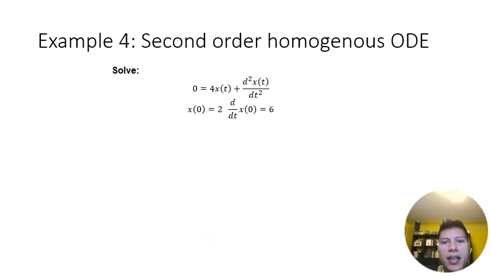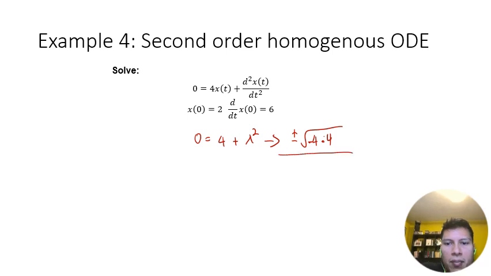Okay, now let's look at another example. In this example, our characteristic equation is 0 equals 4 plus lambda squared. That gives us plus or minus the square root of b squared minus 4ac, divided by 2a.